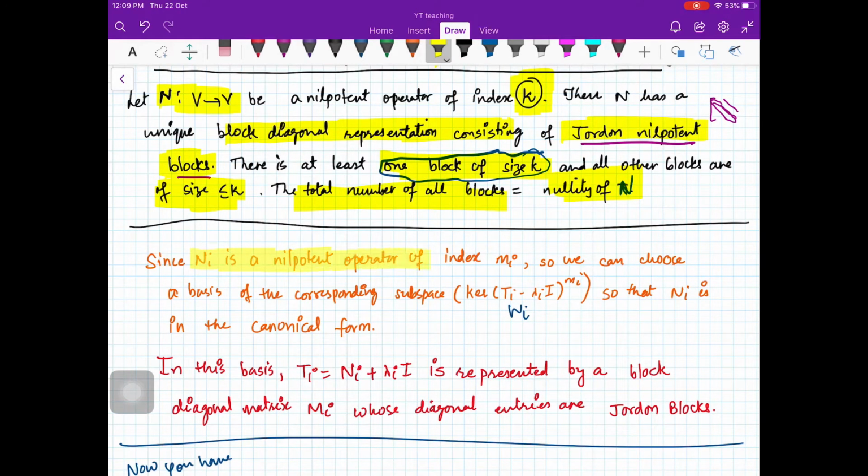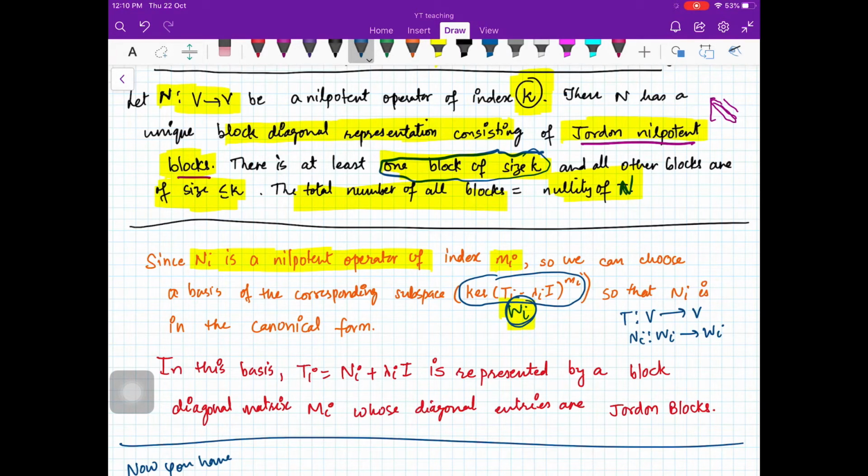Since Ni is a nilpotent operator of index mi, we can choose a basis of the subspace Wi. Actually Ni was an operator restricted to a subspace of V. So you had T from V to V, and then Ni is from Wi to Wi, where Wi is the kernel of (T minus lambda_i I) raised to power mi.